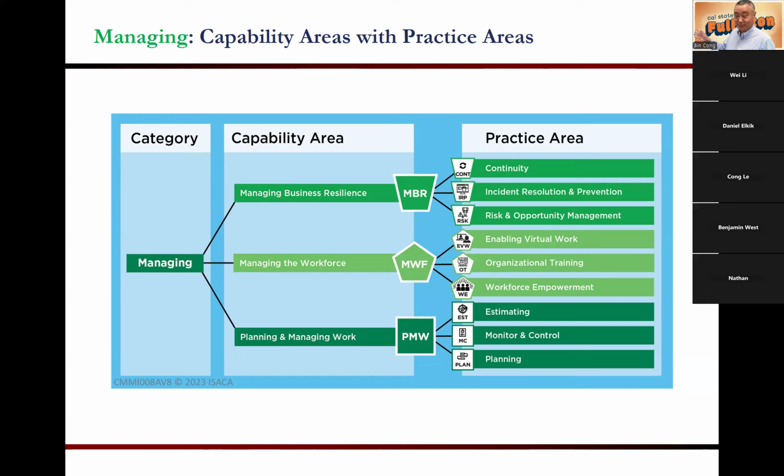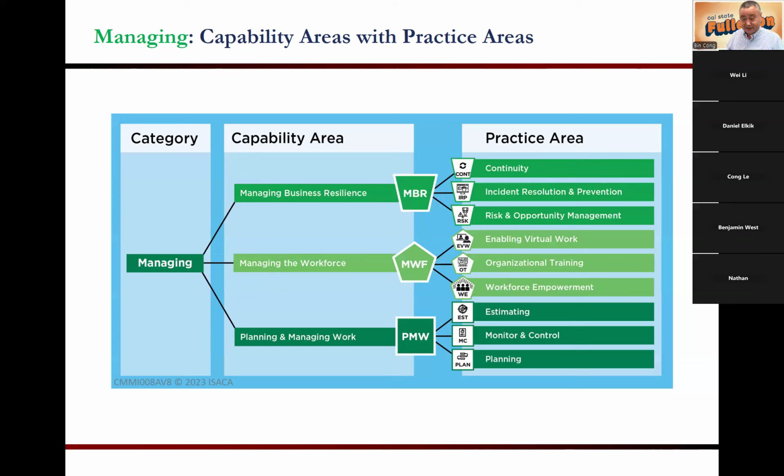You have practice areas. Some of them you're familiar with, right? Like managing business resilience, then some of them you're probably not familiar with. We have continuity, we have incident resolution and prevention. These 2 PAs are actually used for the service domain. Yes, that's why you're probably not familiar with them. There's risk and opportunity management, maybe you're familiar with.